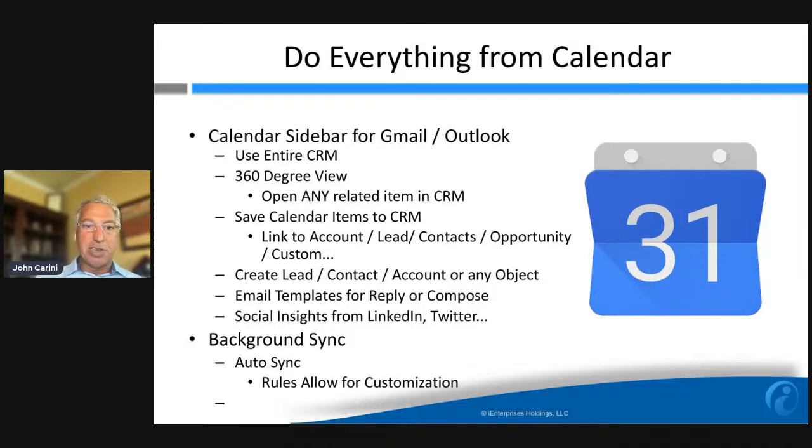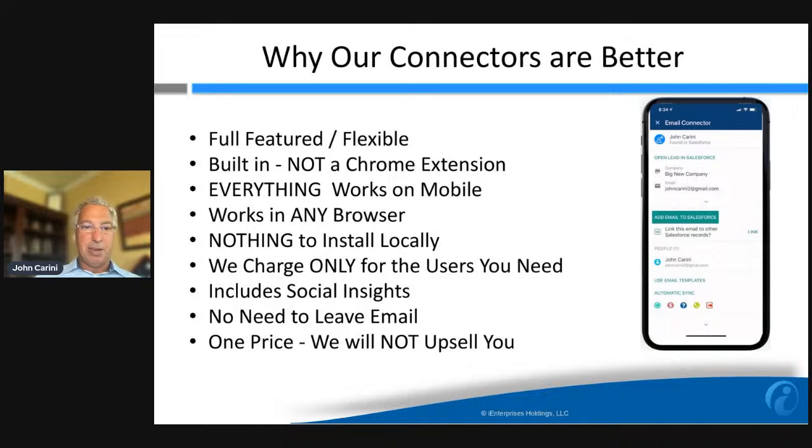If you're using the Google Calendar or an Outlook calendar, you have full access to the CRM information from there, and then there's a background sync for that too. So basically, if you like to sync your calendar from Salesforce to Gmail or Outlook, you can do that. It's two-way sync if you like, or you can configure it to be a one-way sync. Anyway, that goes for calendar and emails. You can actually set up this synchronization.